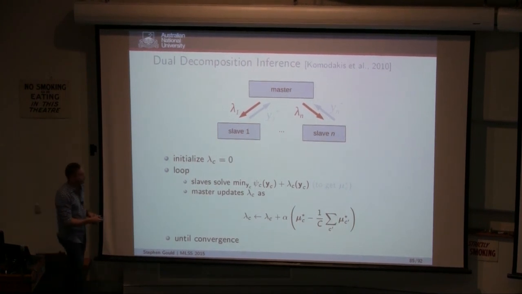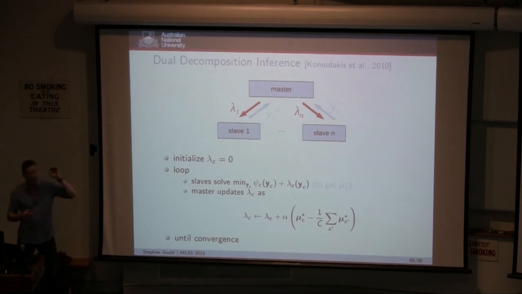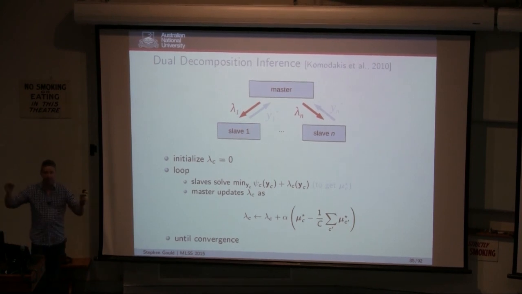If one slave is saying that a variable yi should take a particular value, and another slave is saying that the same variable should take a different value, then the master is going to update the dual variables to try and get the first slave to take the other value and the second slave to take the first value. And that's what updating these Lagrange multipliers does.